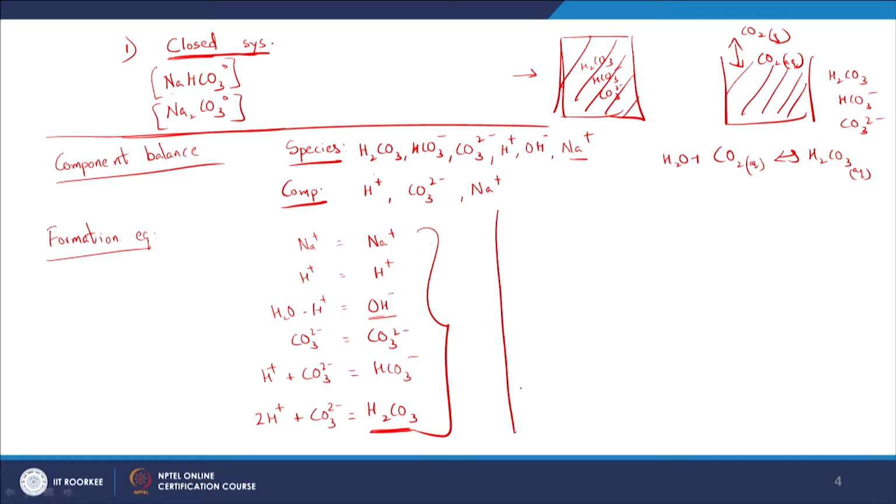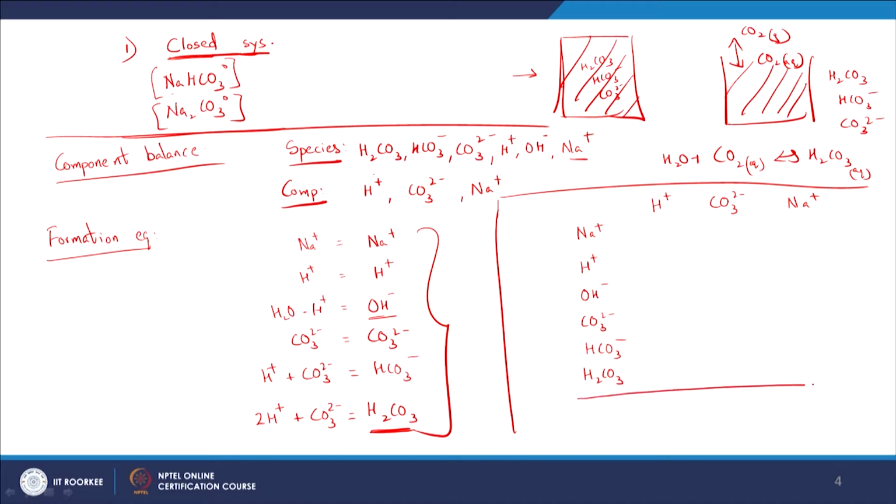So, obviously, the next step would be the tableau, right. And first here we are going to list the components. They are H plus and what else please, CO3 2 minus and Na plus. Again I am going to list the species: Na plus, H plus, OH minus, CO3 2 minus, HCO3 minus and H2CO3, right.